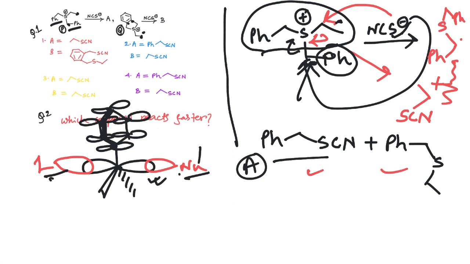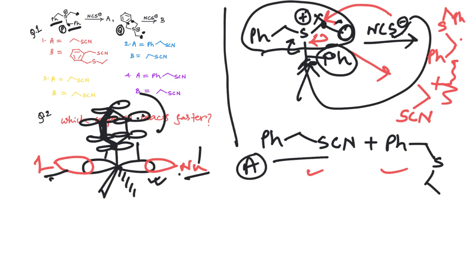This orbital is parallel with this set of p orbitals, so there is an overlap among all these orbitals, and this overlap stabilizes the transition state. But the same kind of overlap cannot occur when the attack takes place at the simple ethyl group, because there is no such p or pi orbital set which can stabilize the system. That's why the attack is taking place on this center and not on this center.